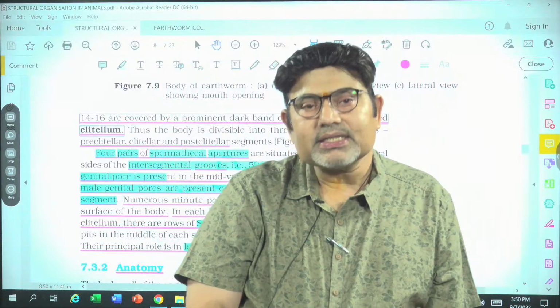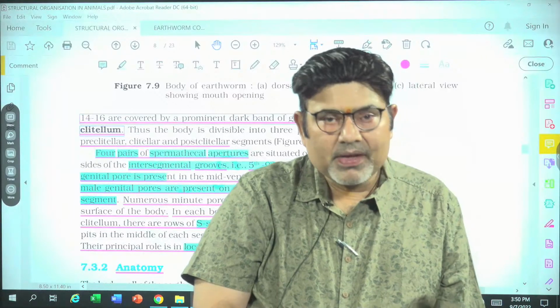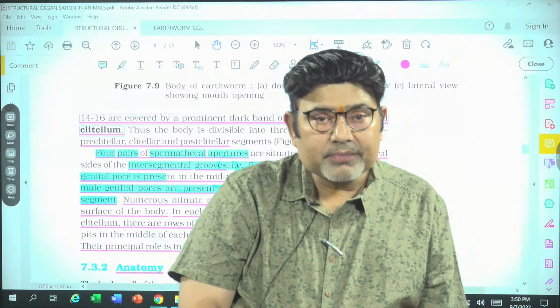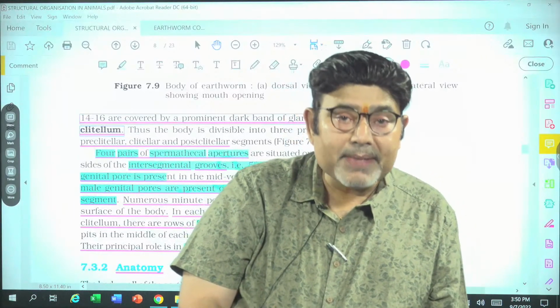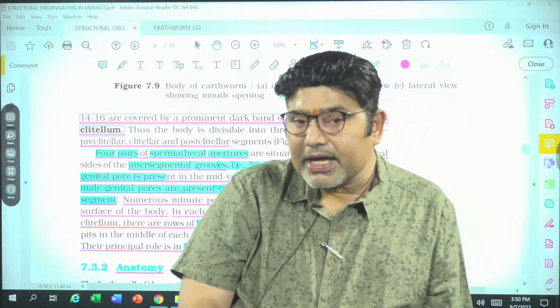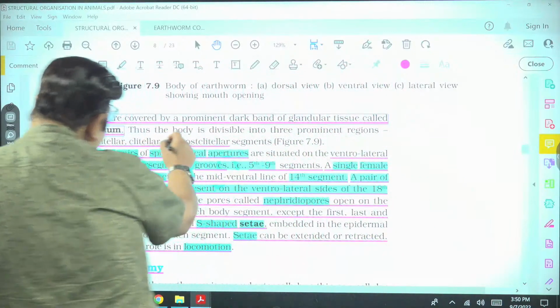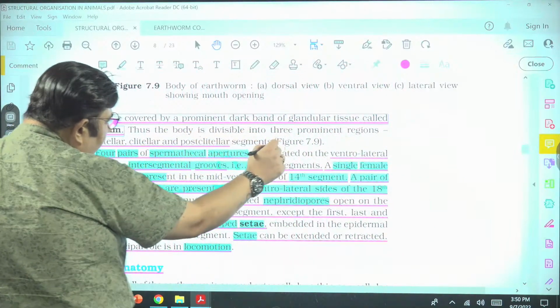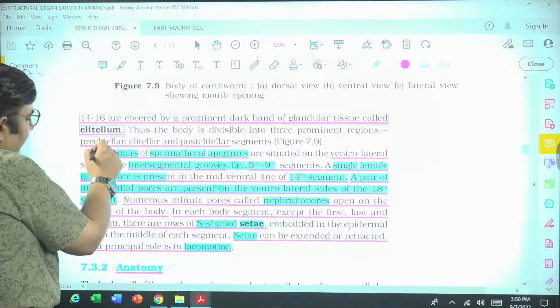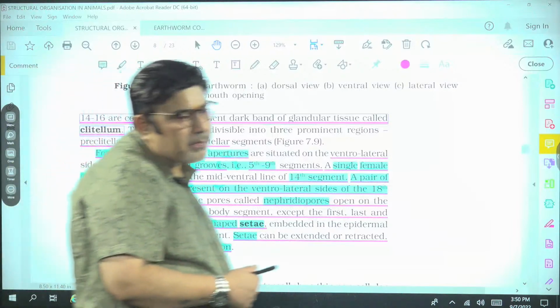In a mature worm, because if the worm is immature, if a baby worm is there, it does not have clitellum. Thus, the body is divisible into three prominent regions: pre-clitellar, clitellar, and post-clitellar segments.